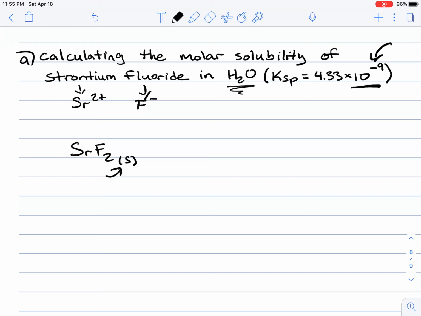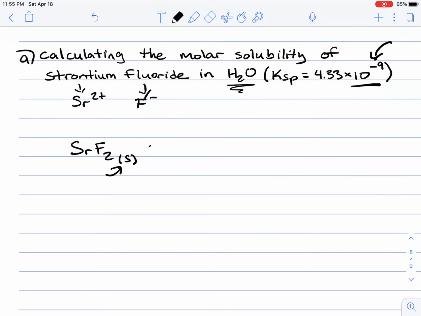And so since the Ksp is times 10 to the negative 9, then we know that this substance, strontium fluoride, is going to be our slightly soluble, mostly insoluble substance. And since it's slightly soluble, we know that at some point in time, it's probably going to reach equilibrium. And when it reaches equilibrium, some of the ionic compound is going to dissolve to produce its ions.